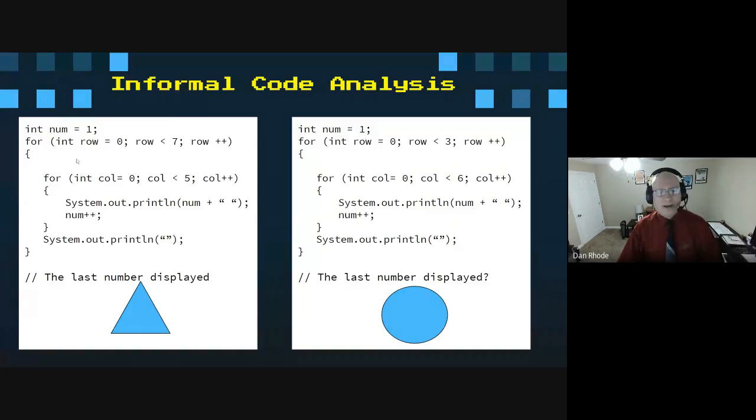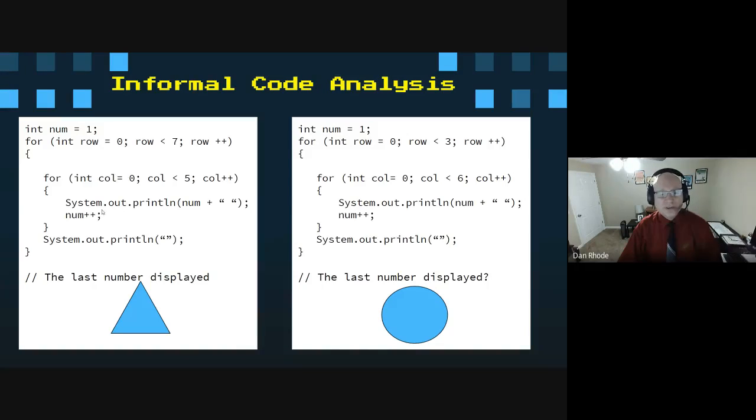The way the triangle problem would work is let's imagine I set up a number and I started at 1. And each time I go through the loop, right now row is 0, column is 0, it's going to put out the number 1 and then add a space. Then it's going to increase the number by 1, so the number is now 2. And now the column has increased to 1.